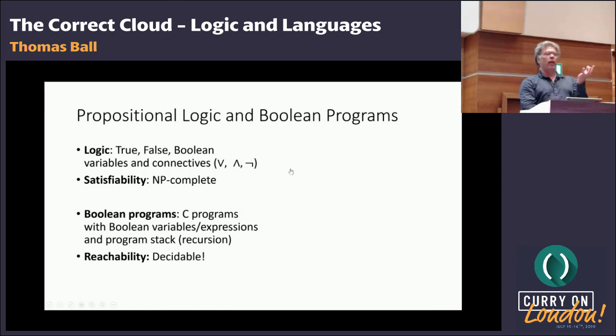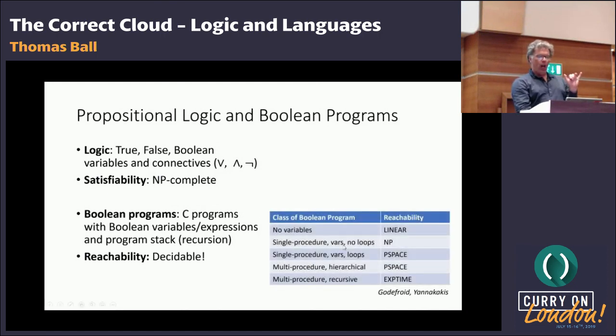If each Boolean variable represents an observation of program state, then you could do something maybe interesting using Boolean programs as the basis for program analysis. And it turns out if you're into the particulars of the language, if you have no variables, then you just have a pushdown, then reachability is linear. If you have a single procedure, variables but no loops, you're NP complete.